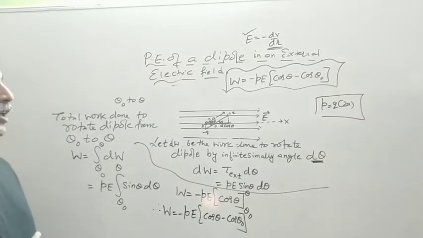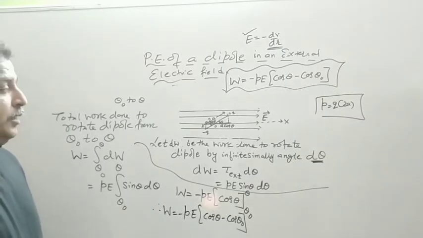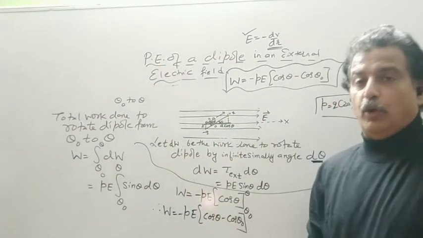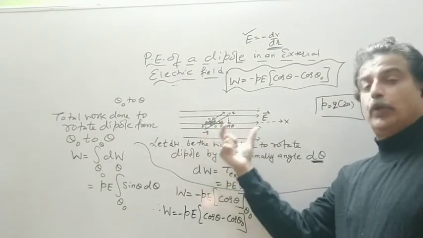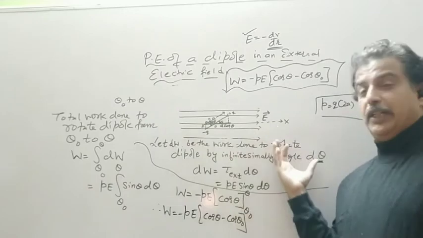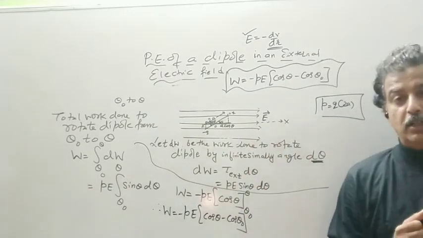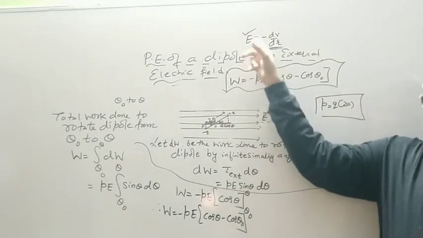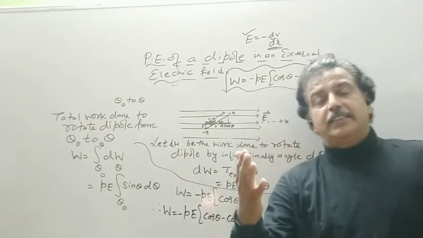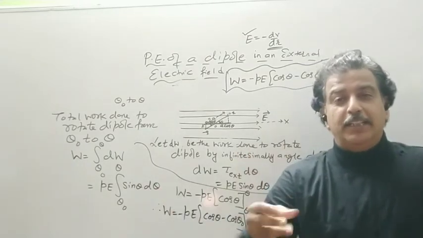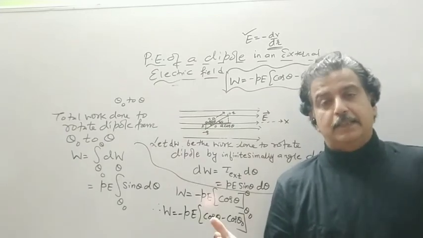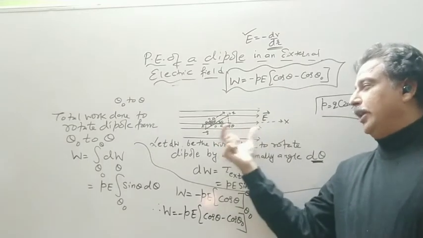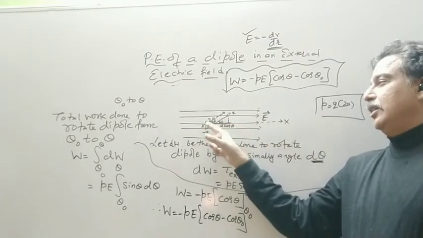So if I want to find the potential difference, the distance between the charges should be taken as 2A cos theta, because the field is 1D but the charges are two dimensional. So again the potential difference has to be taken as E dot dr. But if the field is along the x-axis, that is the i component, dr should also be along the x-axis. So the component of displacement along the x-axis is 2A cos theta.